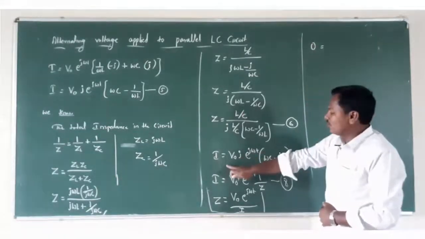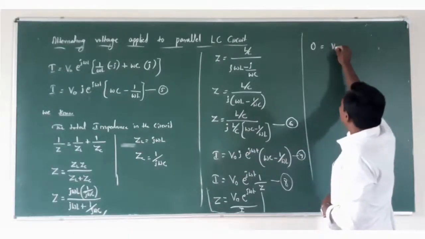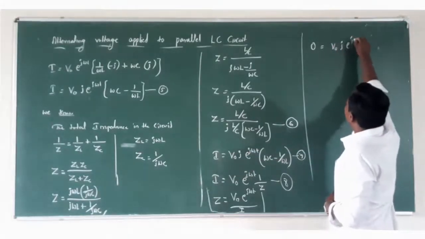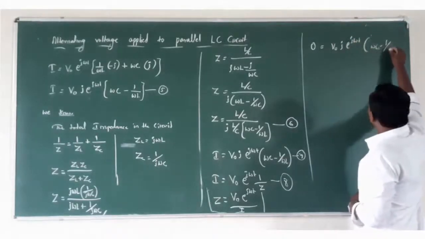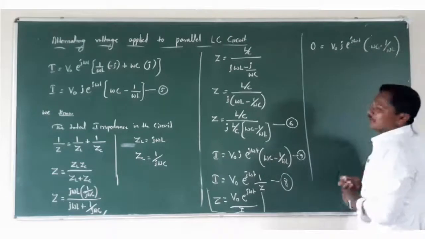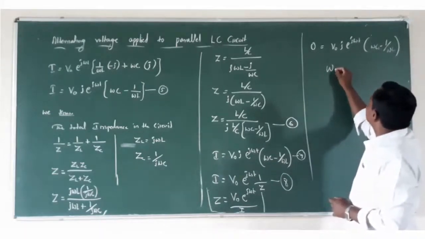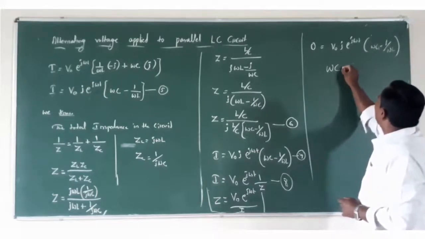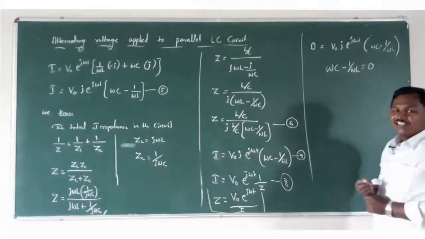Therefore, I is equal to 0. 0 is equal to V naught j e raised to j omega t times omega C minus 1 divided by omega L we are going to get. Therefore, this can be written as omega C minus 1 divided by omega L which is equal to 0.